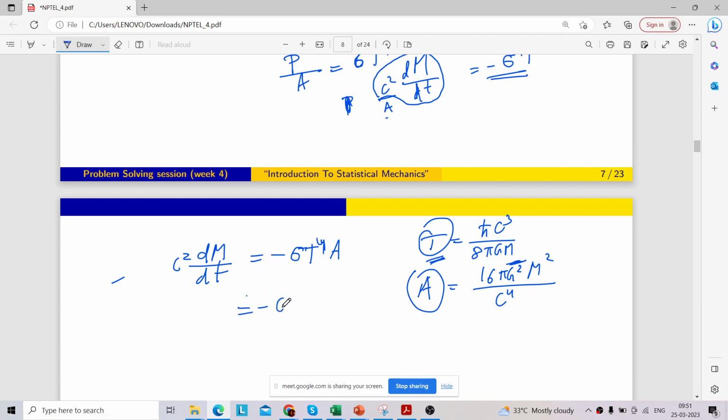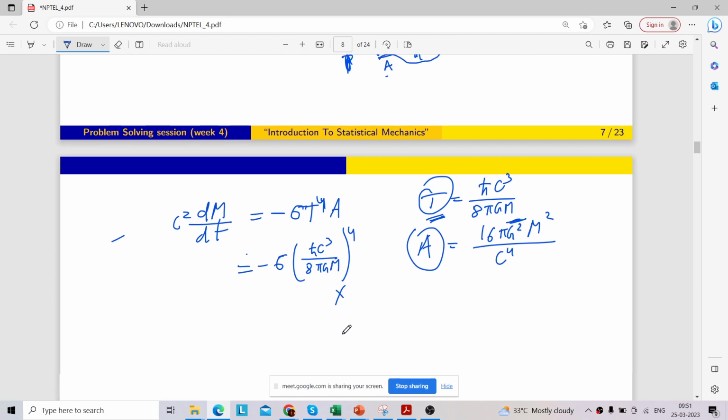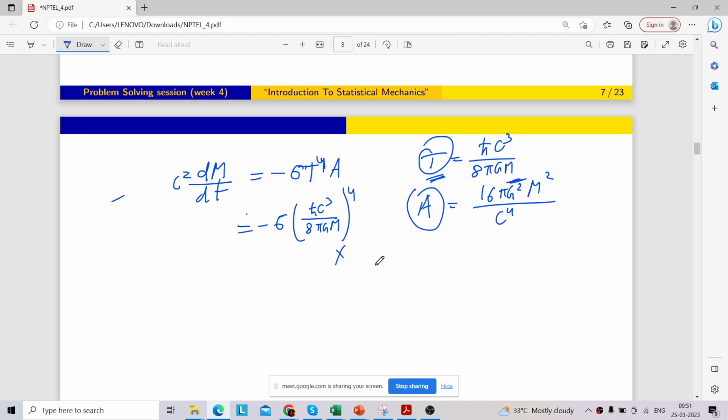So this will be minus sigma T to the power 4, where T is h cross c cubed over 8 pi G m, and the area is 16 pi G squared m squared over c to the power 4, right? What do we need? Mass, because mass is a variable for us here.